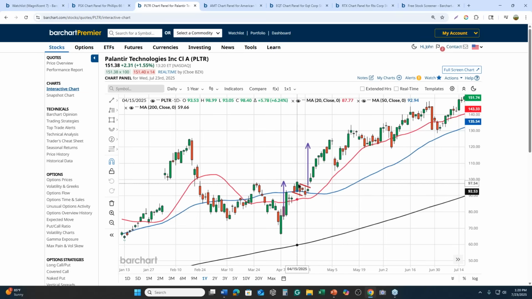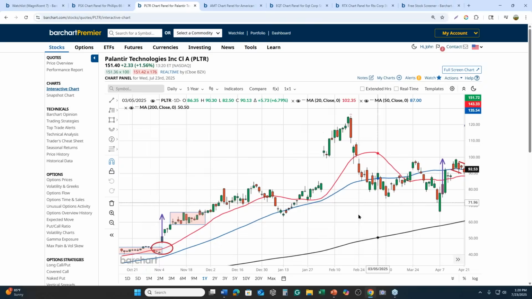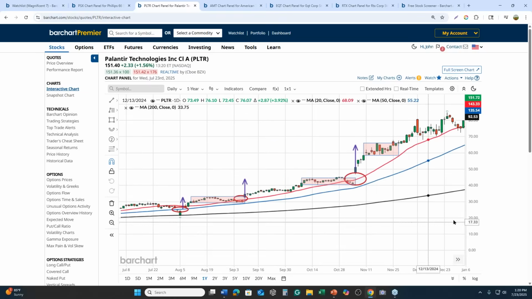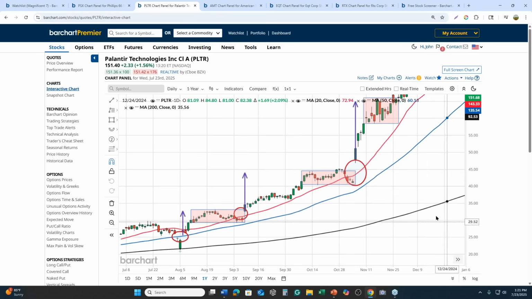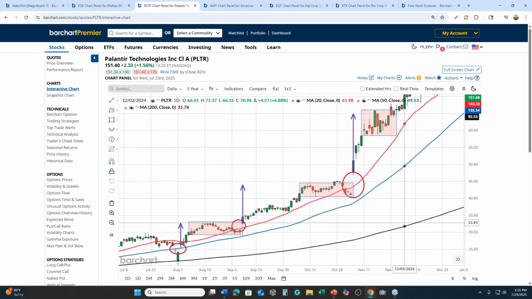Notice that our flag of consolidation is supported by our 50-day moving average and our 20-day moving average. Now let's go back and look at Palantir at the origins of this major uptrend.